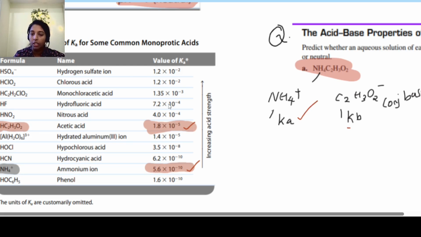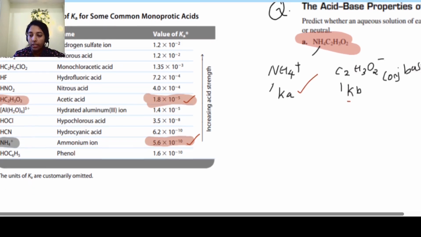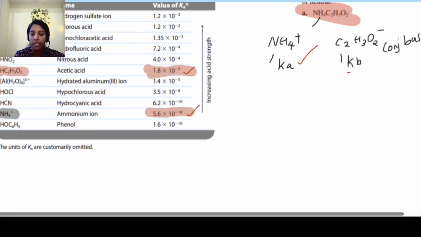So how do you get Kb? You can do that with the Ka and Kb relationship. Ka times Kb is equal to 1 times 10 to the power of negative 14, that Kw value, right? So you can calculate Kb that way. 1 times 10 to the power of negative 14 divided by 1.8 times 10 to the power of minus 5. While doing this, you can get about 5.5 or 5.6 times 10 to the power of minus 10.